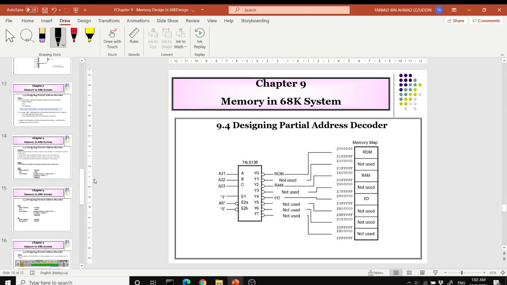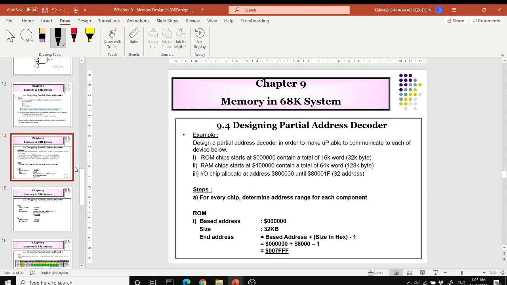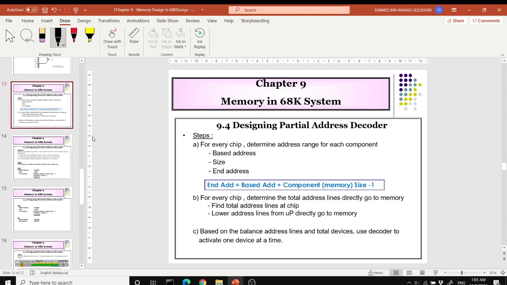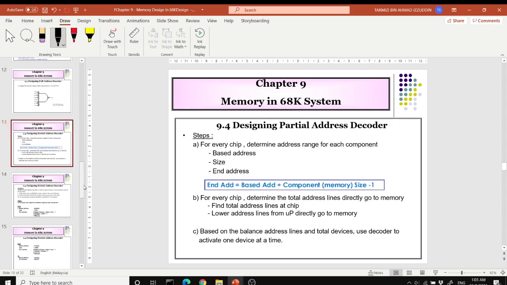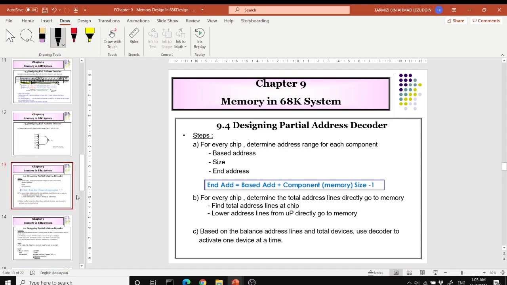So there's an intermediary between this peripheral and the 68K, either 74LS138 or 74LS139. Let's look at the easiest way for us to understand, which is to directly look at the type of question that will be given.